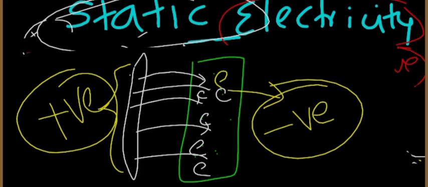Electrification is the process of converting an object into an electrically charged one. Here, our glass rod and silk, by rubbing each other, we have converted both of them into charged ones. So the process is electrification. And by electrification, you can create positively charged bodies and negatively charged bodies.